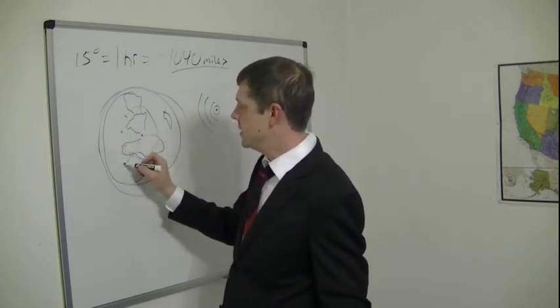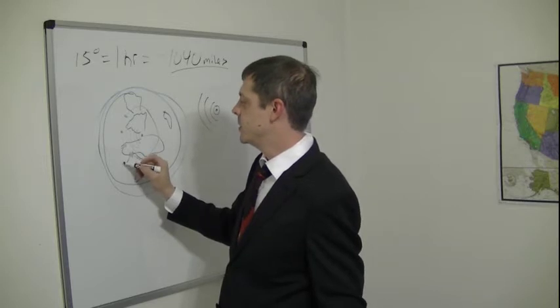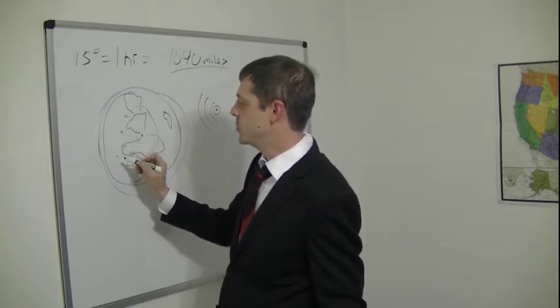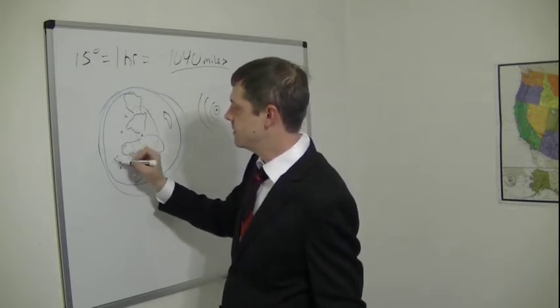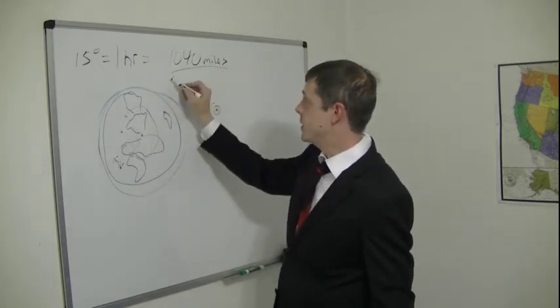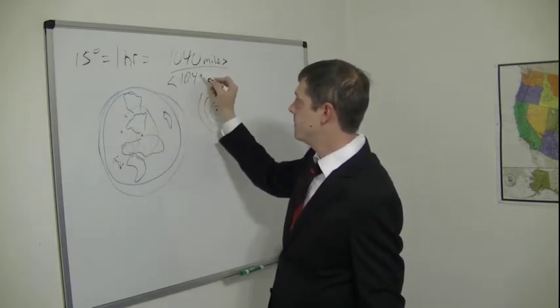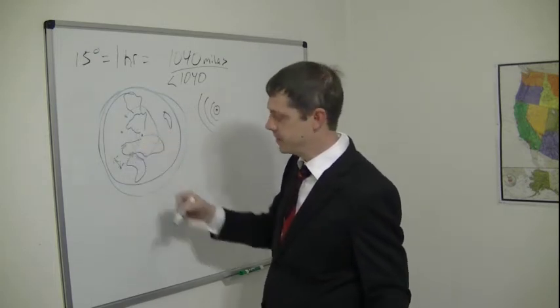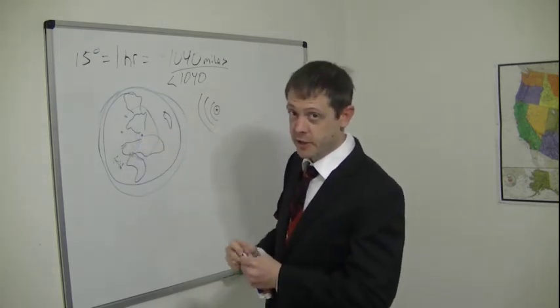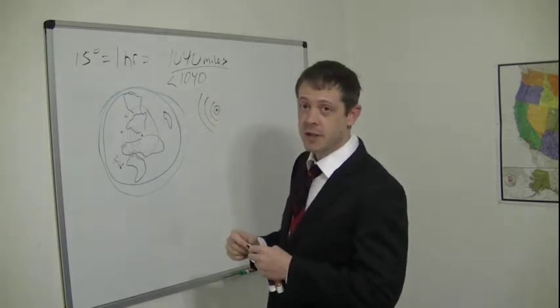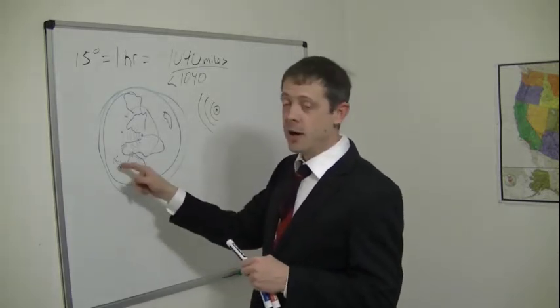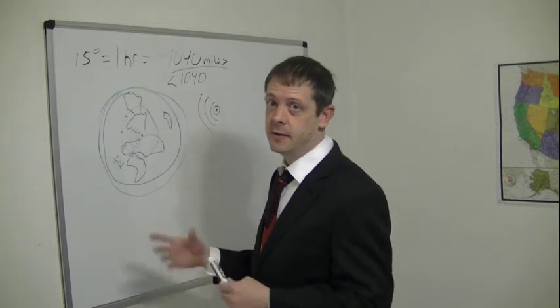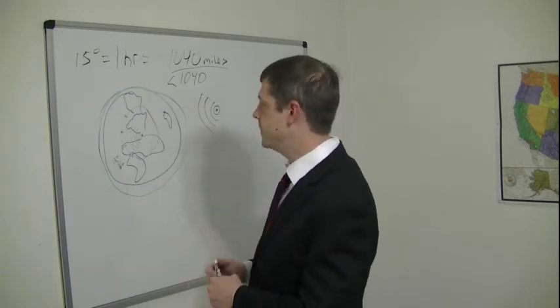You could come down here and you could look at solar noon, an hour apart, east-west, and see what that distance is. Smaller than 1,040 means these circles get smaller. There's only 360 degrees in a circle, 24 hours in a day. 1 hour is always 15 degrees. 4 minutes, 1 degree.